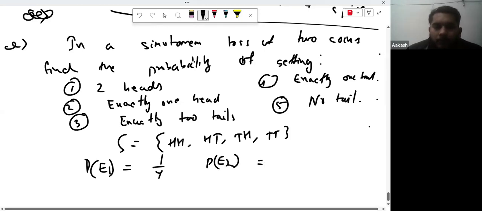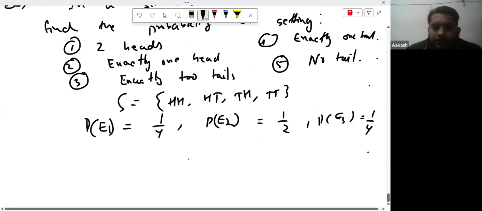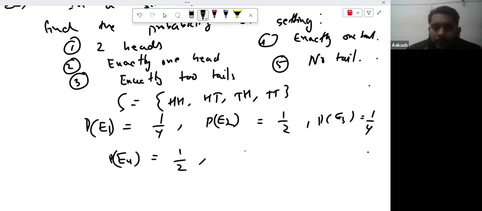Exactly one head is 1 by 2. Very good. Exactly two tails is 1 by 4 again. Exactly one tail is 1 by 2. And no tail is 1 by 4. What else is 1 by 4? Very good.